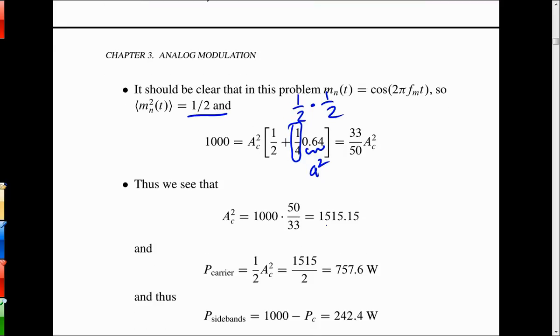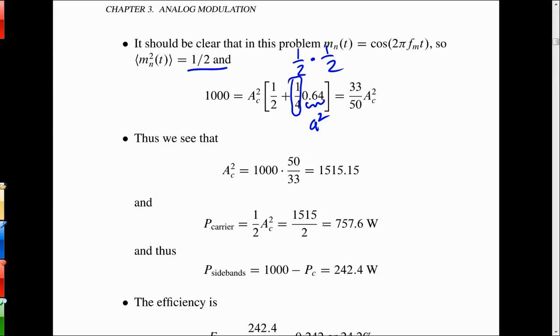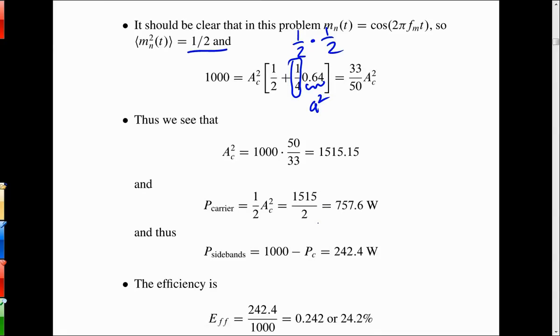So you work those numbers around to solve for AC, and once you have AC, then you can go back and solve for the power in the carrier, and then solve for the power in the sidebands.